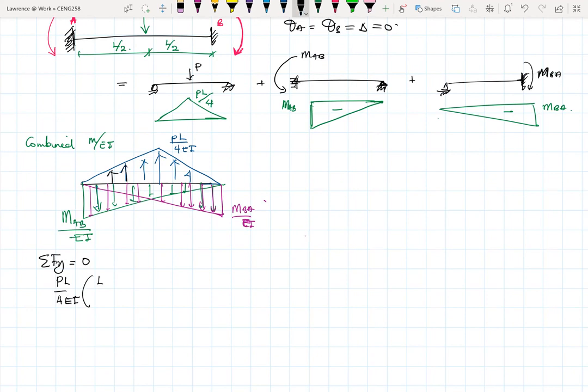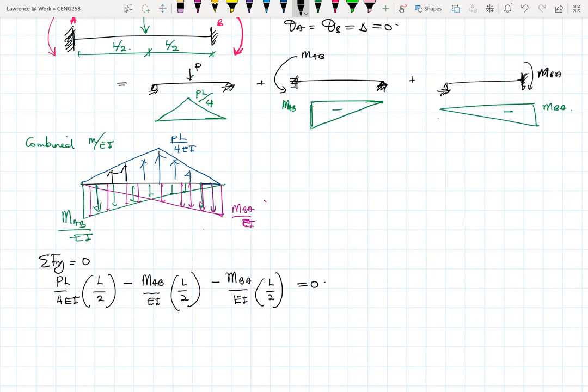This top triangle is just the base times the height, and the base is a length of L. The height is PL over 4EI divided by 2. And this is going upward. So minus the area of the two lower triangles. So it becomes MAB over EI times L over 2, minus MBA over EI times L over 2.